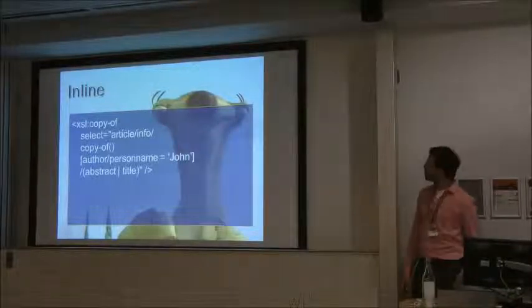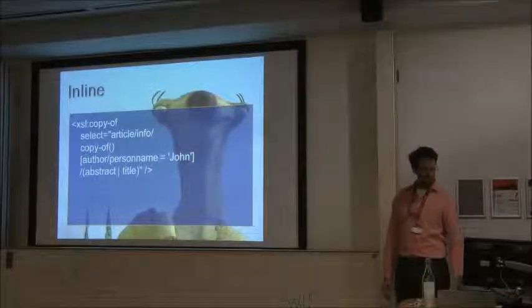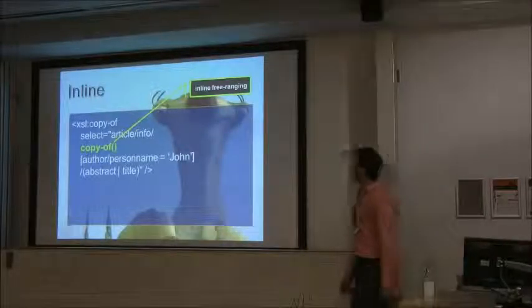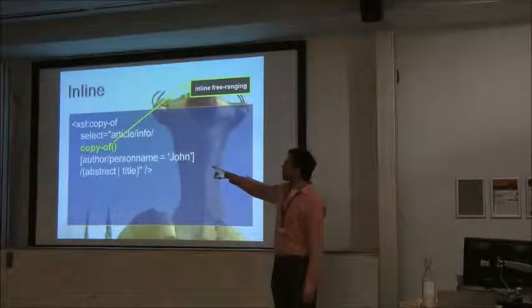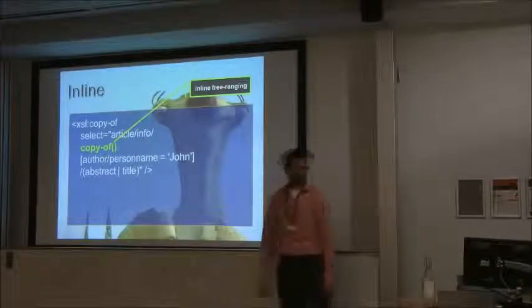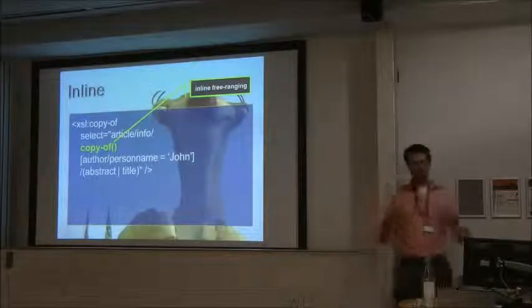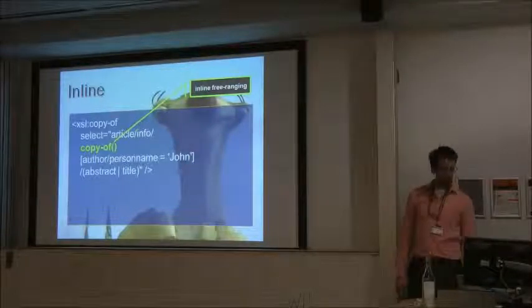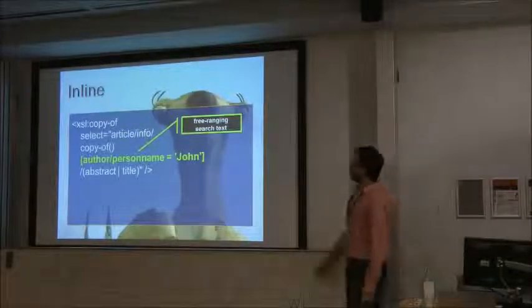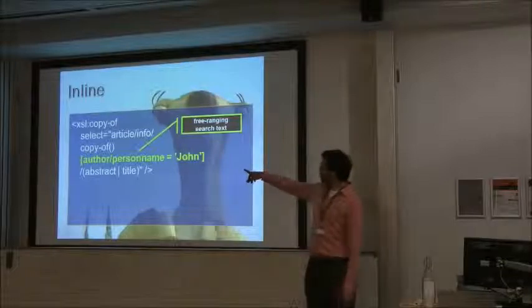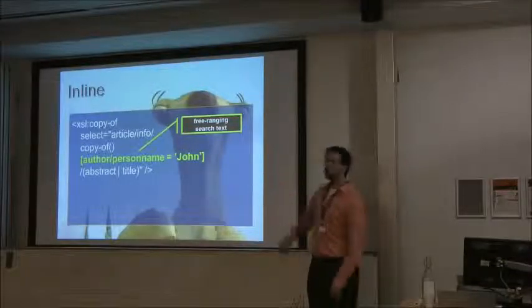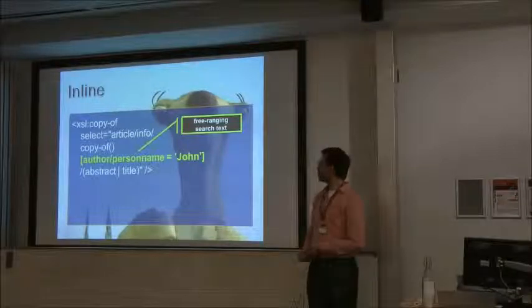Now here is a similar example, however it's inline. So you see again the copy-of instruction in the middle of the expression. And this allows us to write, after this copy-of instruction, something that is not allowed in streaming. For instance, checking the child of author and person name to see if it matches John.